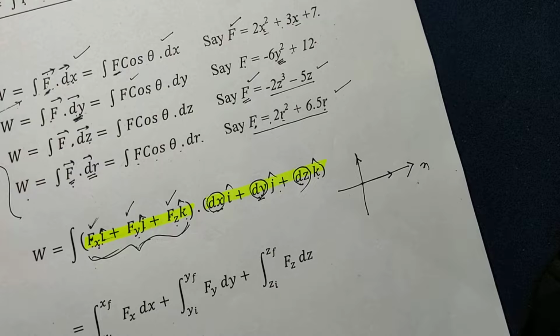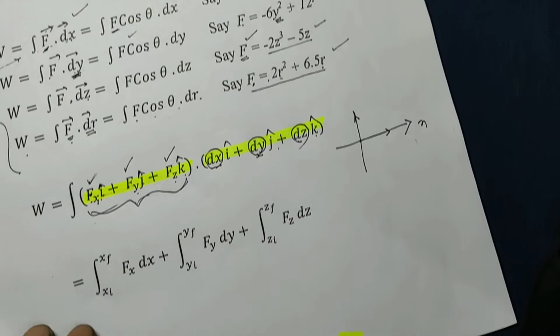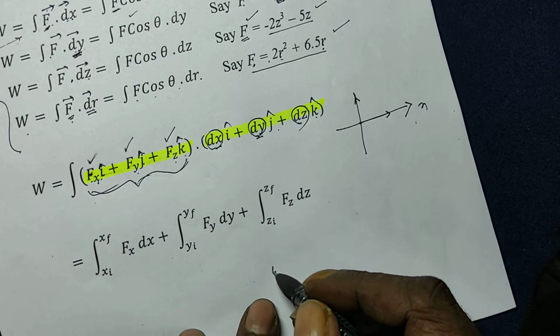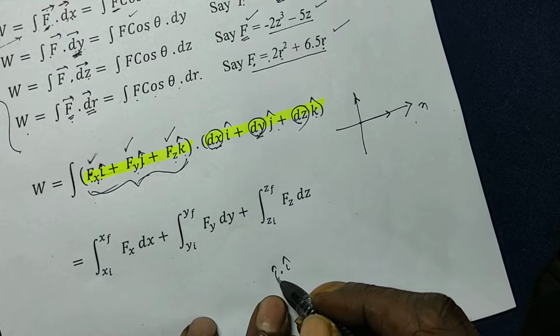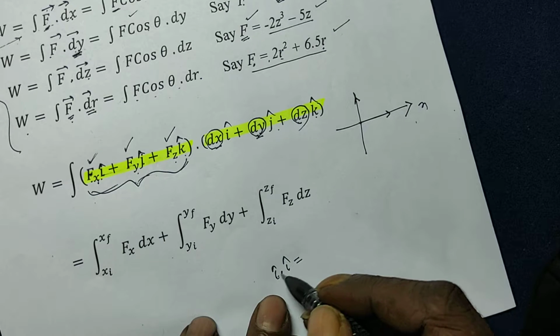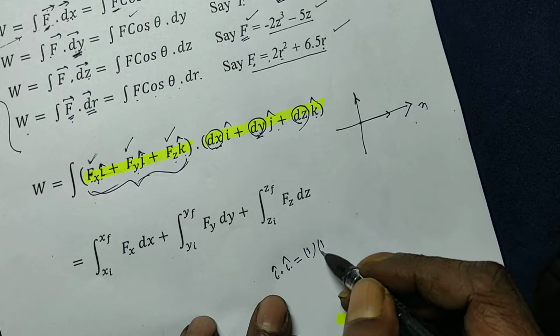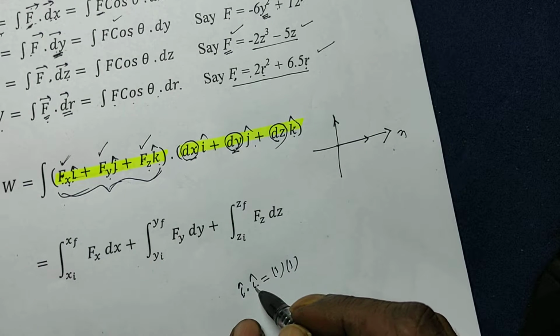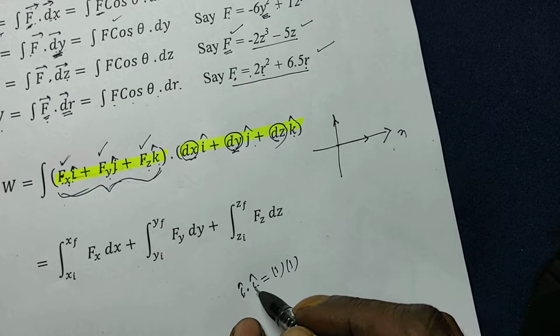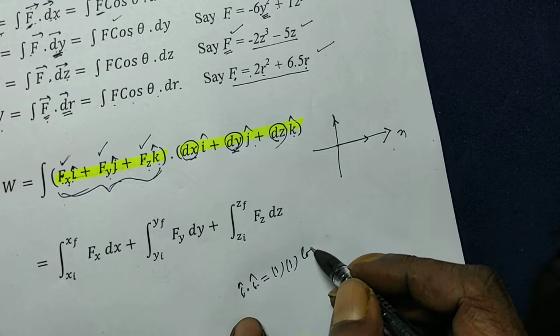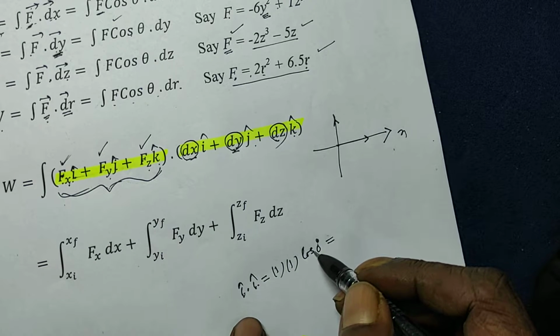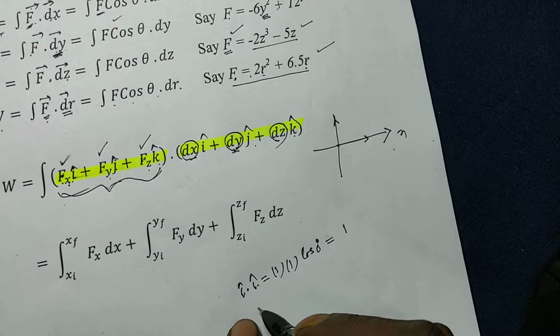Now, in dot product, as you already know, I is a unit vector, its magnitude is 1, and this I cap and this I cap are in the same direction, along the x-axis, so the angle between them is 0. Cos 0 is 1, so 1 into 1 into 1.